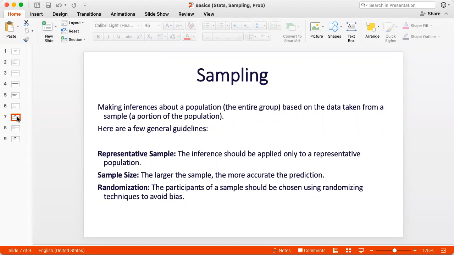So it should be a representative sample. Sample size plays a role in the sense that the larger the sample size, the more accurate the prediction. So the margin of error can be lowered by taking a larger sample size. And the most important is that your sample should be random, right? You should not take a biased sample because that will skew the results.